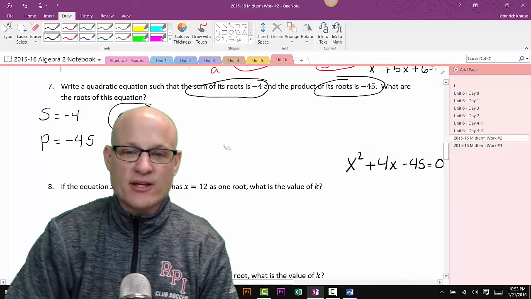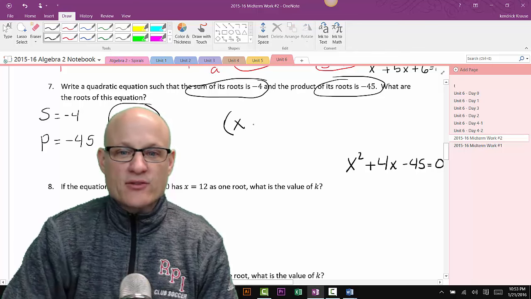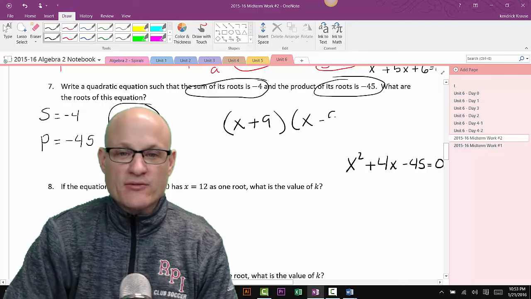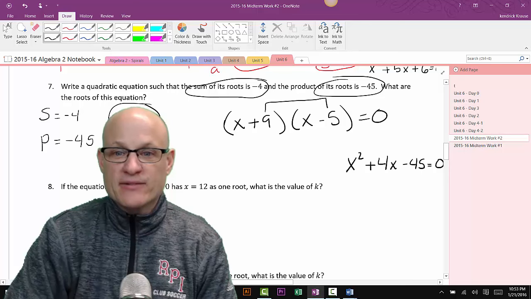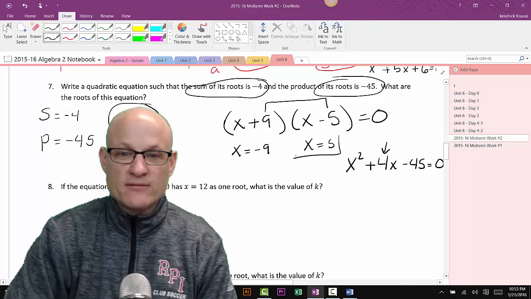I would get (x + 9)(x - 5). Would you agree? These multiply to -45 and add up to +4. So my two roots are x equals -9 and x equals +5.